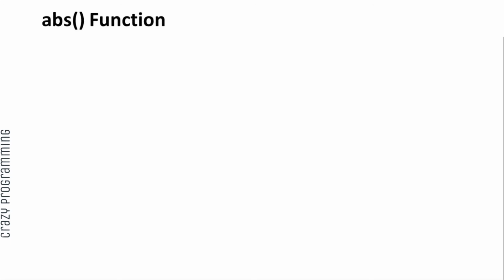Now the ABS function. As you can see in the example of the ABS function, and as I told you, it helps to find the absolute positive value. You can see echo ABS, and inside ABS there is the number -6.7. The positive number of -6.7 is 6.7, so its result will be 6.7.